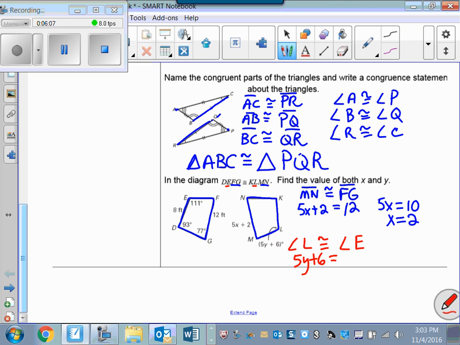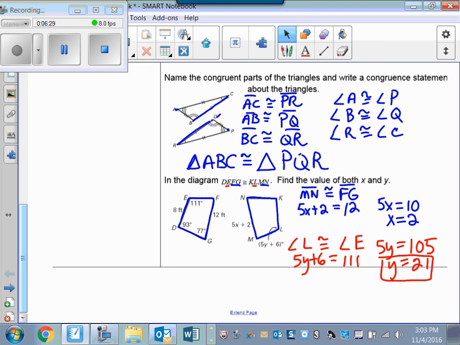Angle E's measure is 111. Therefore, 5y equals 105, meaning that y would have to be 21. So that's all we have to do to solve these kinds of problems. Order does matter. Be very careful.